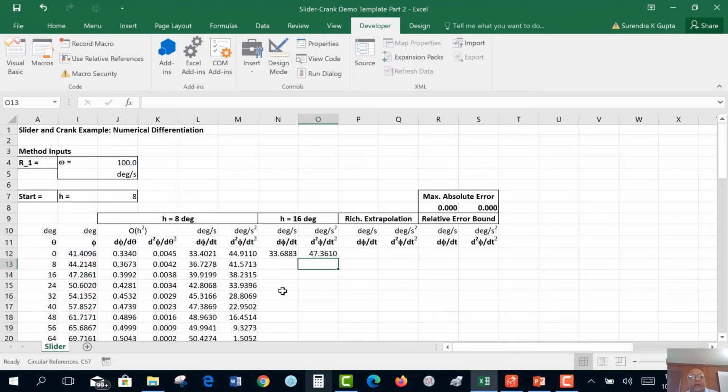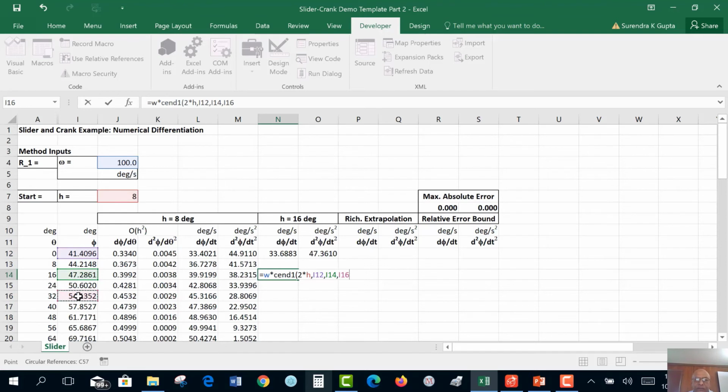Okay. Then next we want central difference. Omega times central difference, 2 times H, and it requires 3 values. So we'll take 1 before, 1 at, and one after.